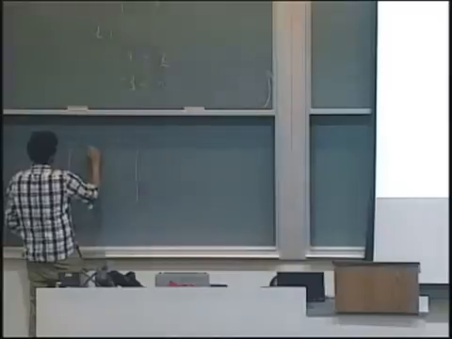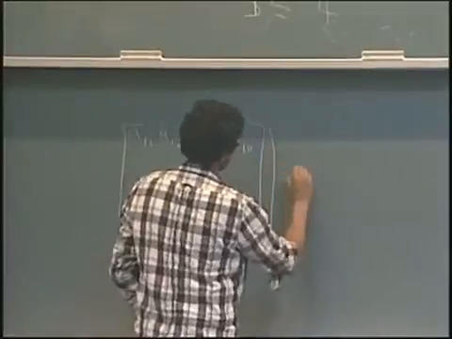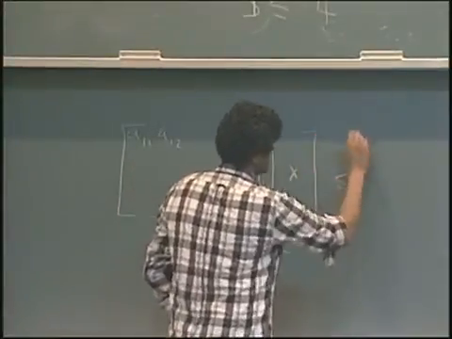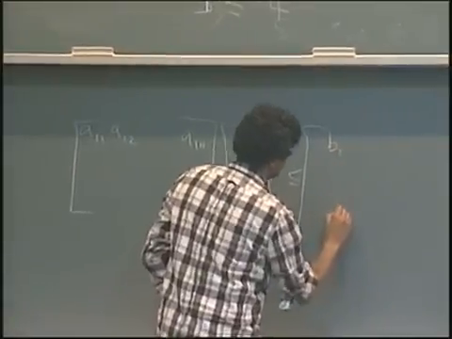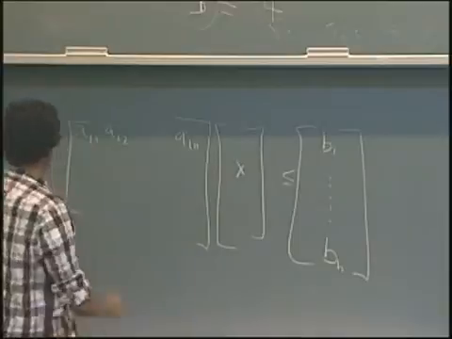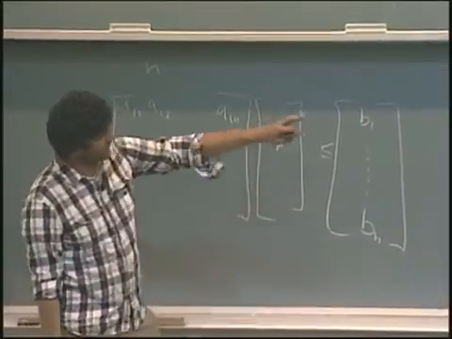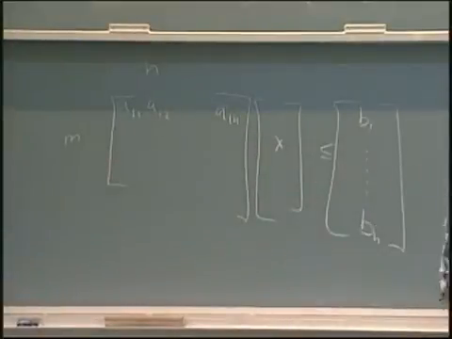So this matrix A has a row A11, A12, through A1n, and you have a variable x, and you're less than or equal to b1 through bn. This is what the primal LP looks like.